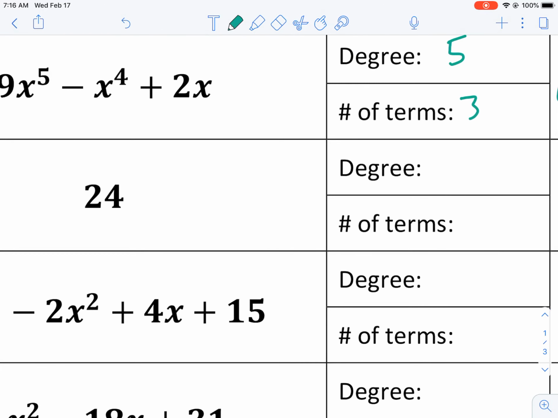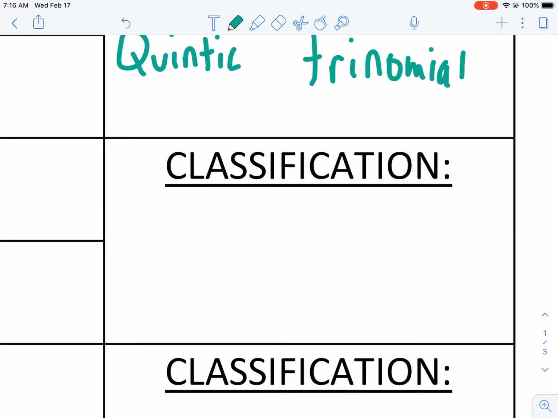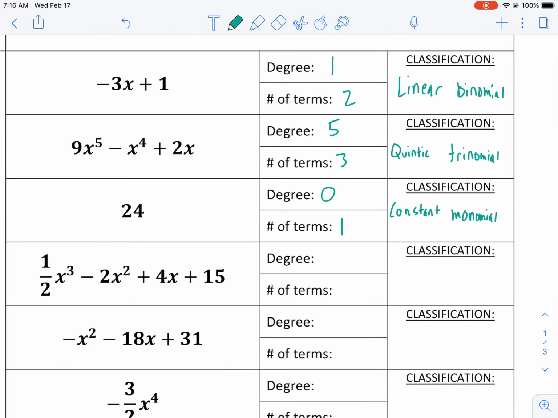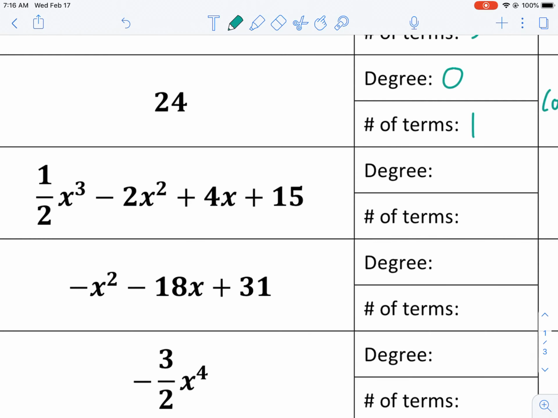This one has no variable at all, so that's a degree of 0, and the number of terms is 1. So this is just called a constant monomial. Every constant is going to be a monomial, so that's kind of redundant to say, but we'll just say it. This one is a degree of 3, number of terms 4.